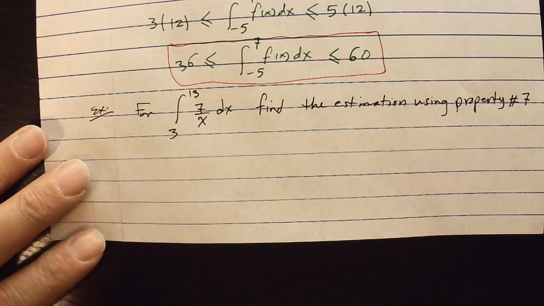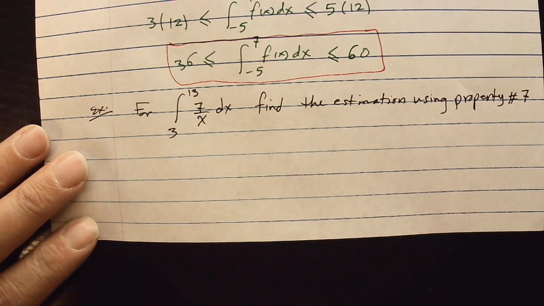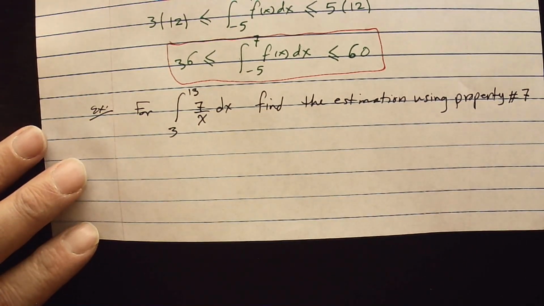So we are given the bounds, and we need to use property number 7.